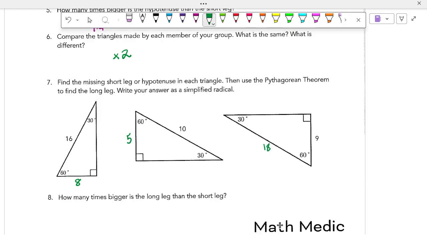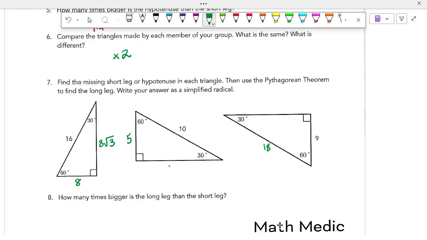Everyone follows so far? Now, it then asks you to do Pythagorean theorem to find those long legs for all 3 of those triangles. I told you that you wanted to do Pythagorean theorem and simplify the radical so you see the connection. So what did you get for this long leg? Anyone? I don't want a decimal, I want a simplified radical. 8 square root 3.